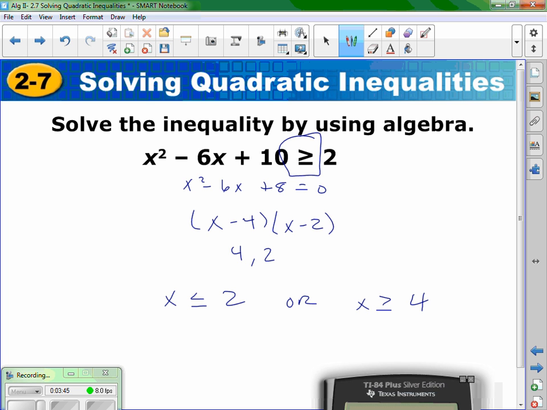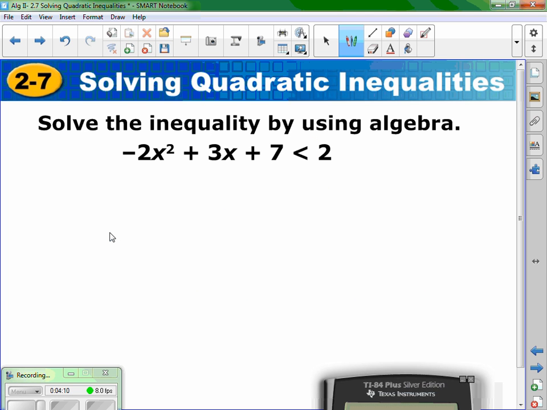It has to be less than the small number. Because if you think on a number line, here's the 2, here's the 4. It has to go this way, and it has to go this way to be an or. If it went the other way, they'd overlap, and it'd be all real numbers because they overlap.